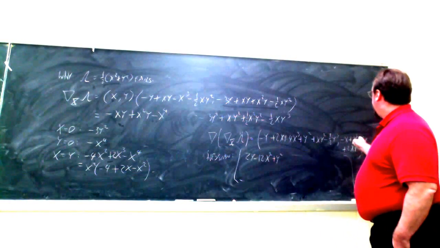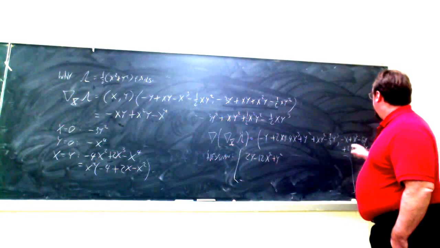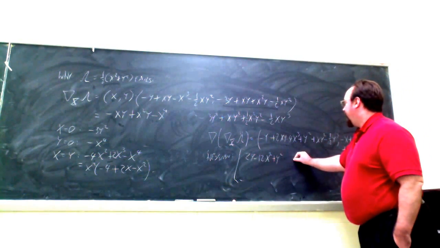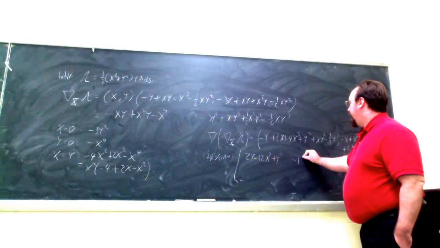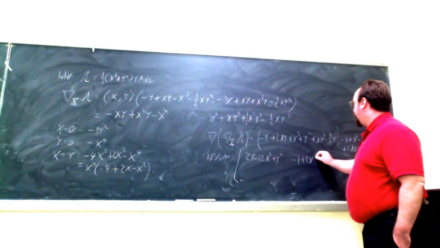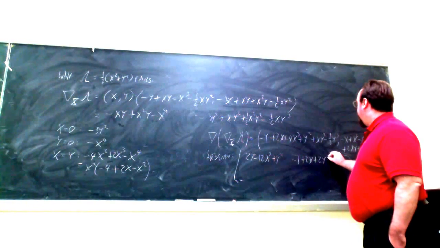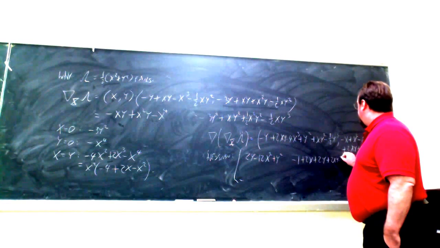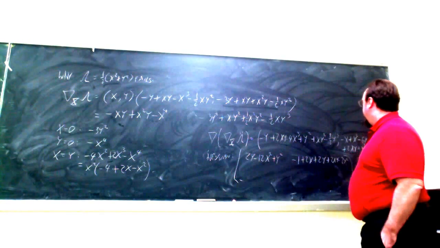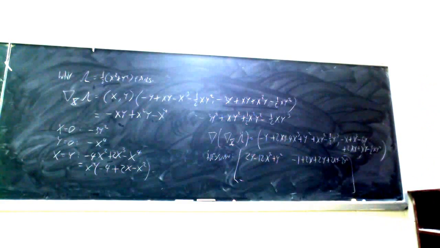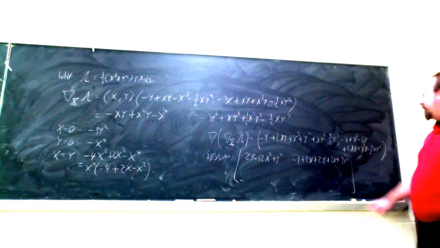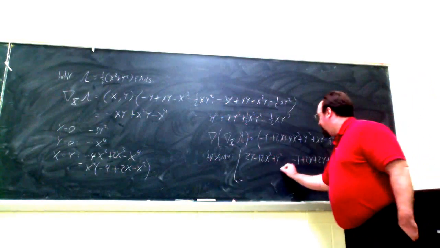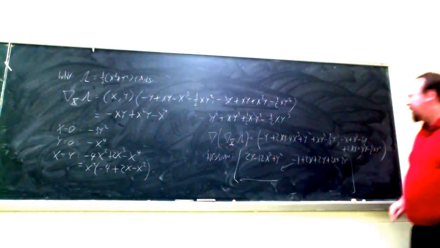And over here you'd have the same thing with respect to y. So you have minus 1 plus 2x plus 2y plus 2xy minus 3 halves y squared. And notice if you plug in 0, 0, you're going to get a minus 1 here. And that same entry goes down here. It's symmetric, so I'm not going to compute it.